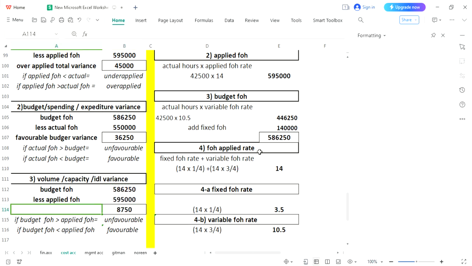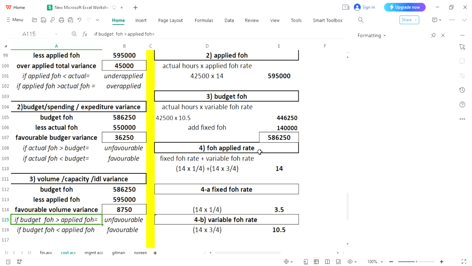It's time to conclude by focusing upon budget FH. So your budget FH was 586, applied was 595. So budget is less. So it's good news. So you will mark it as favorable volume variance.